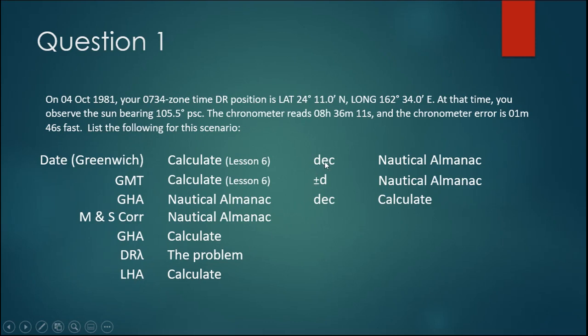We'll get declination from the Nautical Almanac. There's what we call a little d correction that we apply to the declination, and that gives us our true declination. So let's jump right in and start looking at where we get this stuff from.